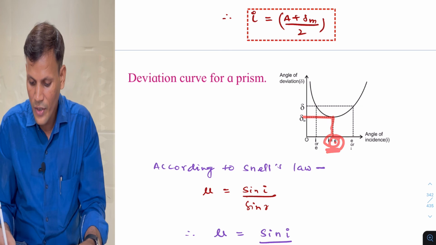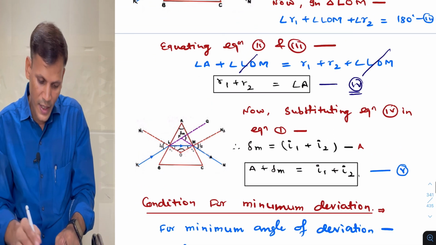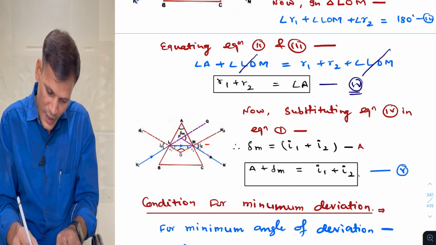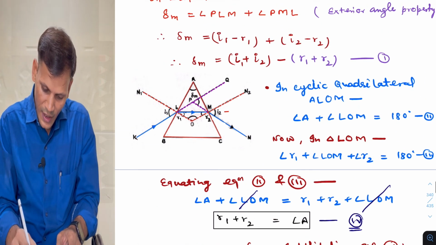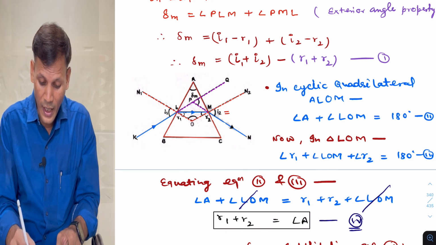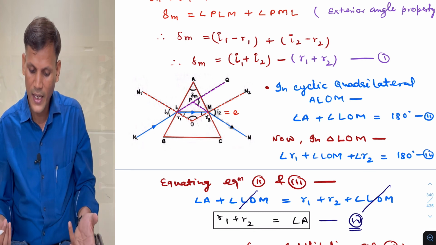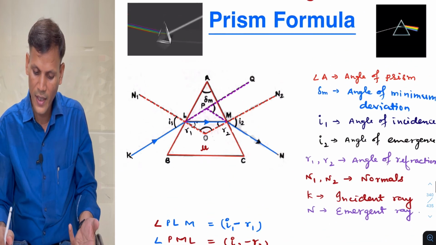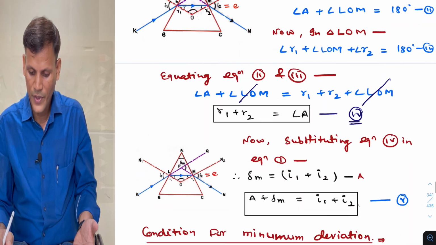E is the angle of emergence, which we have written as I2, so anyway we are getting the same terms.